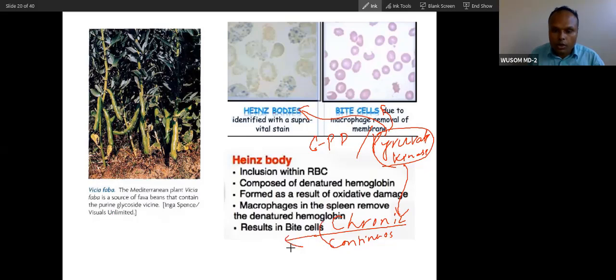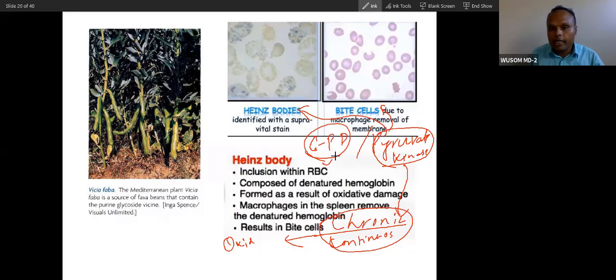You will not see any association with a stimulus, for example oxidant. It is a continuous process, and generally you will see patients of lower age. Here in G6PD deficiency the patient will have repeated episodes because of exposure only.